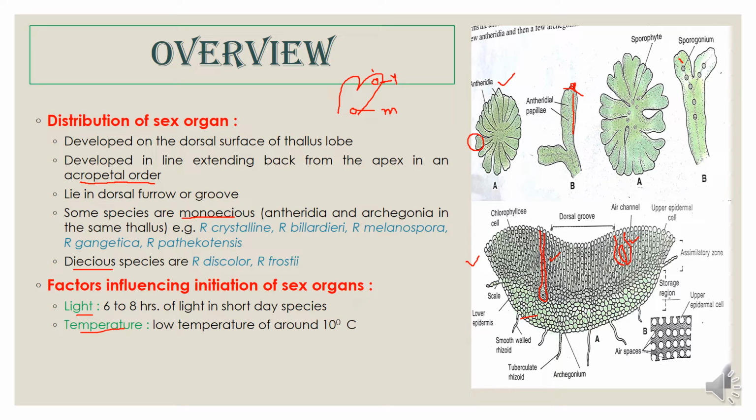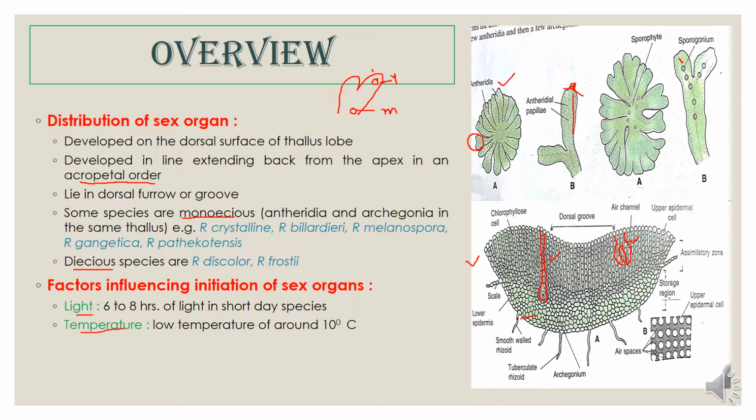Only in Riccia is this type of distribution found, whereas in Marchantia or other Hepaticopsida, the sex organs are born on an elevated structure called the gametophore.